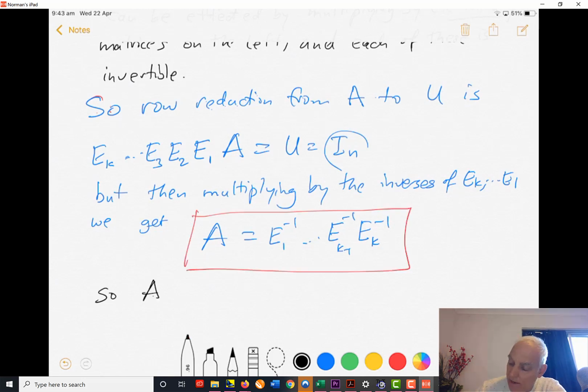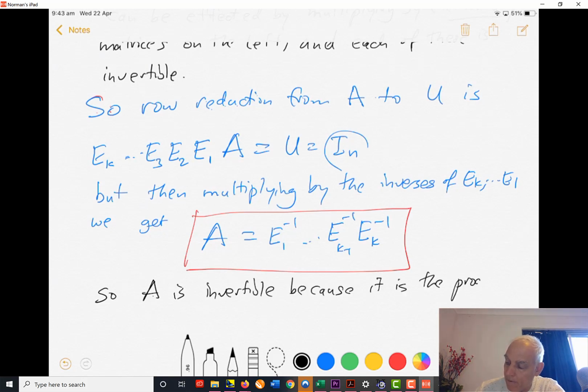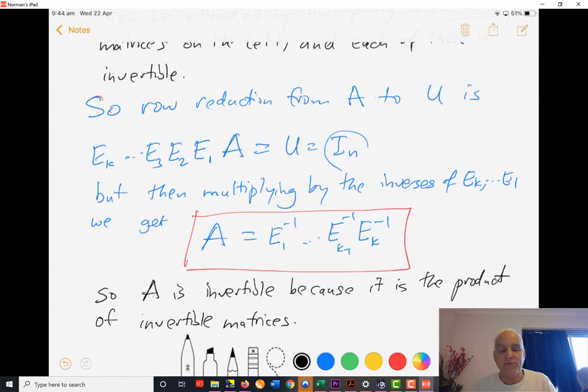So A is invertible because it is the product of invertible matrices. We've shown that the elementary row operation kind of matrices are all invertible.